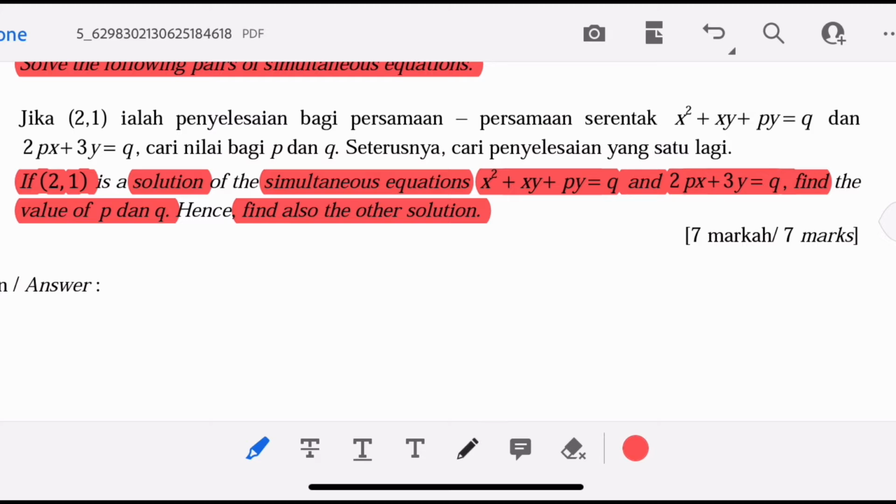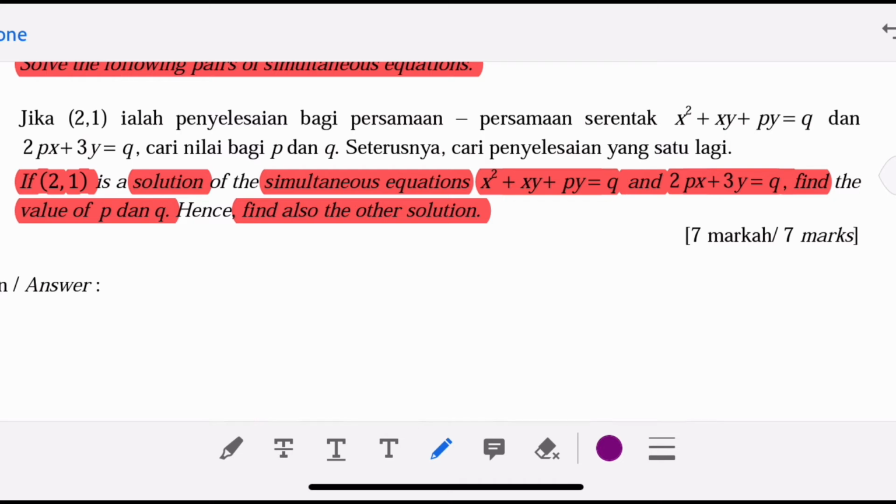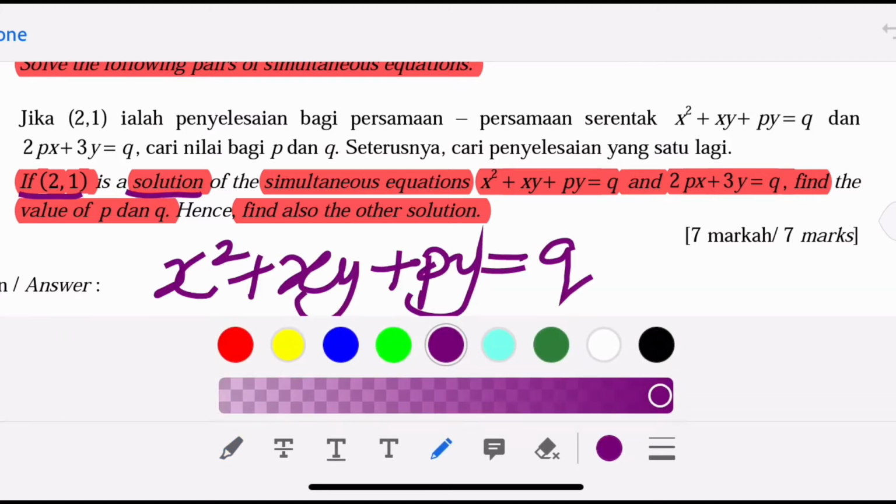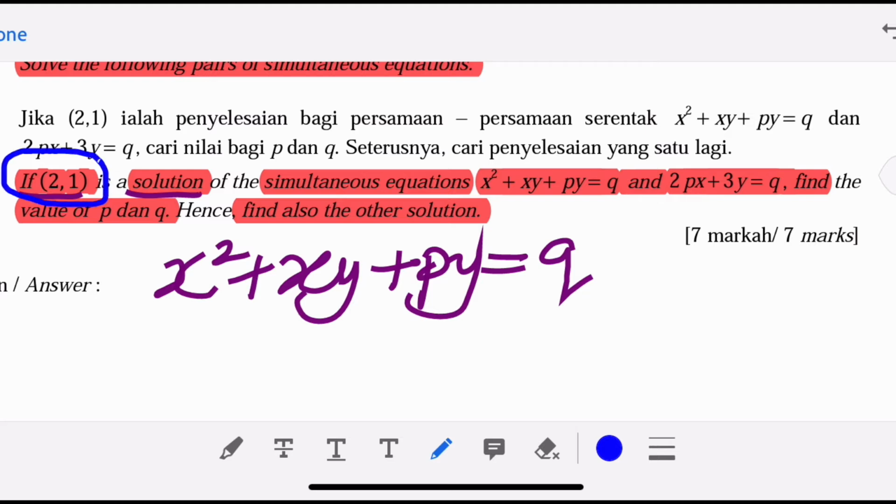So for a question like this, the keyword is (2, 1) is the solution. So let's copy down the simultaneous equation. Whenever we see a solution given, it means that you can substitute x is 2 and then y is 1.